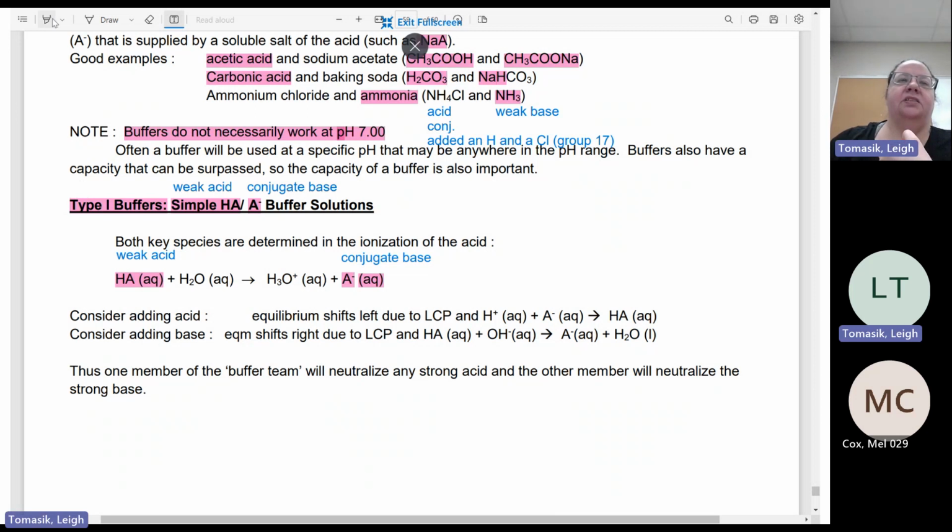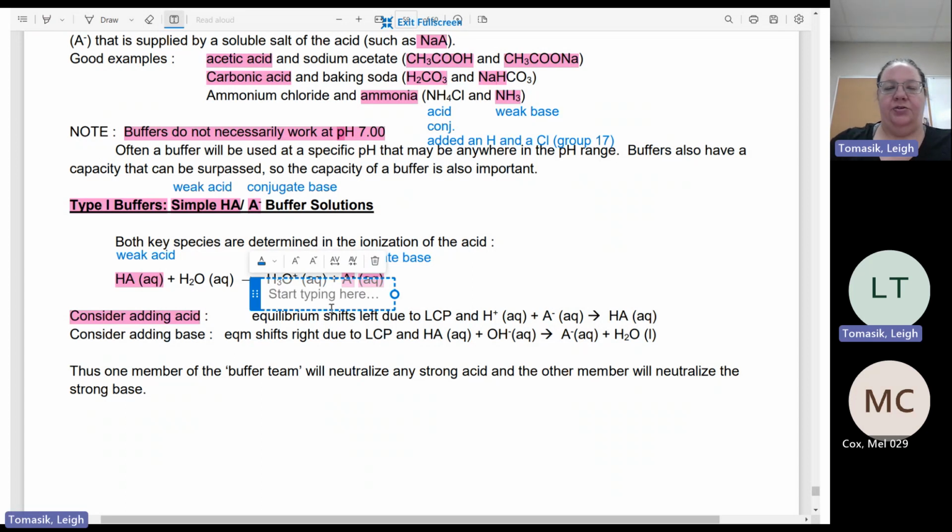So why does the solution keep the same pH? If we add an acid, what's going to happen?